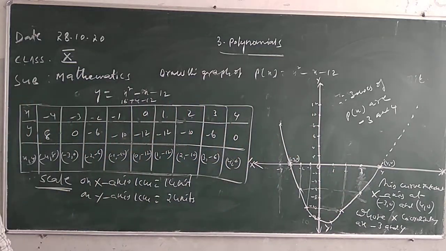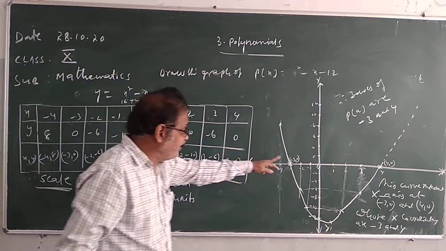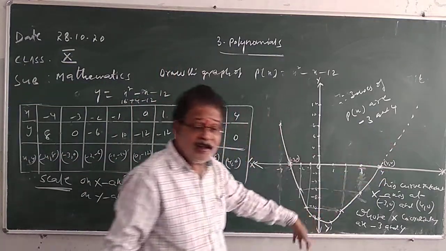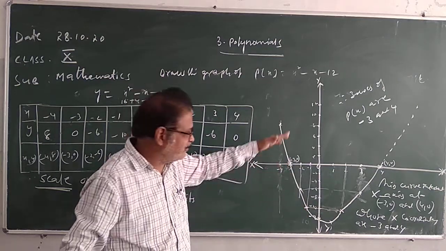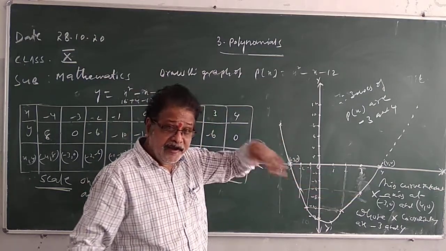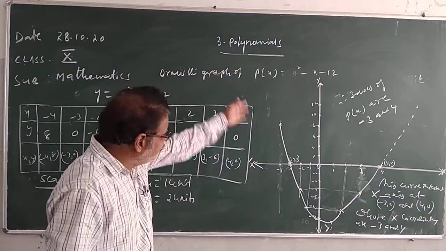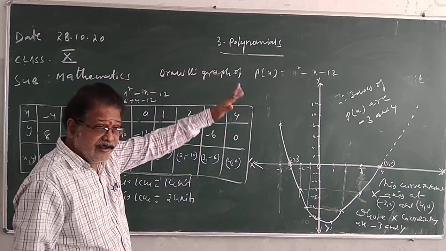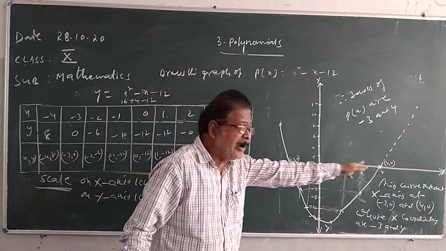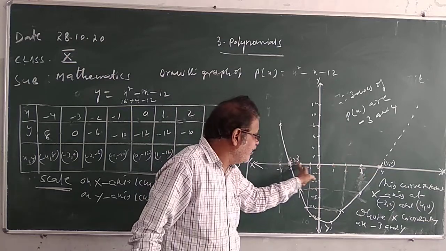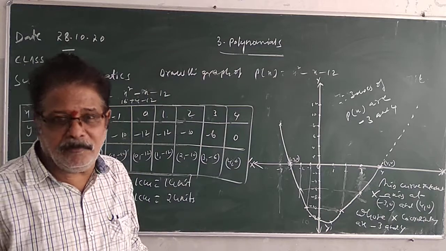But when drawing the graph, look where the curve intersects the x axis, not the y axis. Generally the curve intersects the x axis at 2 points. Where it intersects the x axis, those x coordinates are the zeros. In this problem, the curve y is equal to x square minus x minus 12 intersects the x axis at minus 3, 0 and 4, 0, whose x coordinates are minus 3 and 4. They are the zeros. I hope you understood.